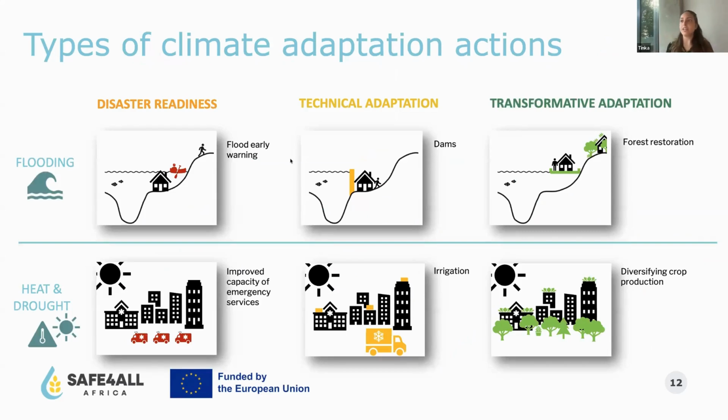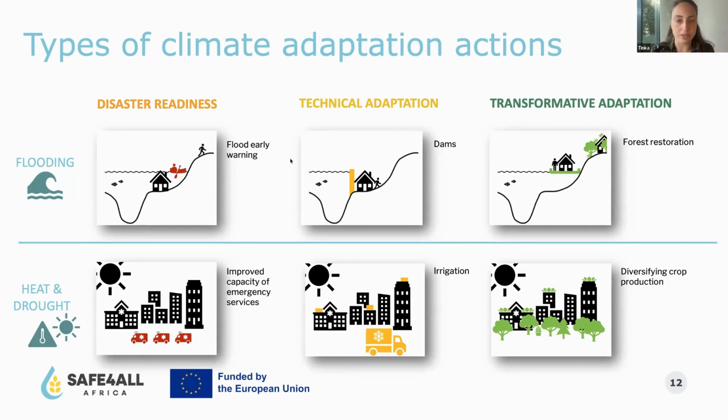To think about how we can prepare for those impacts and what actions we can take, it helps to see what kind of different actions there are. This is a very developing field, but today we will make 3 categories of actions. One is disaster readiness, second one is technical adaptation, and the third one is transformative adaptation.